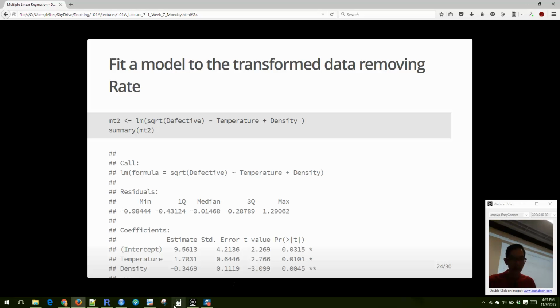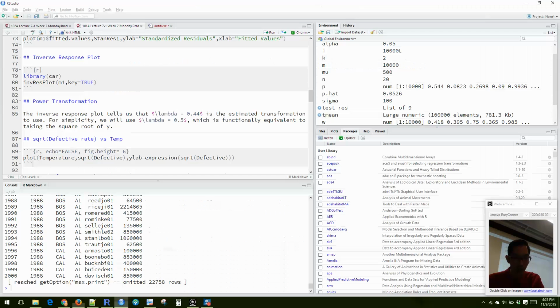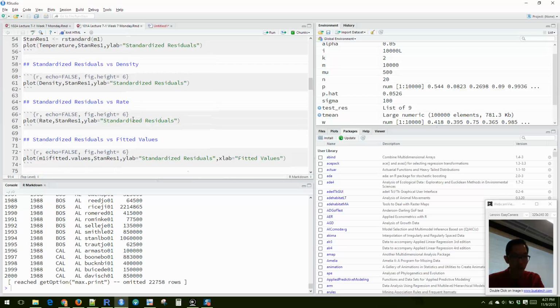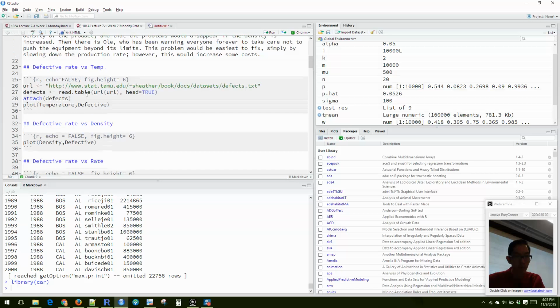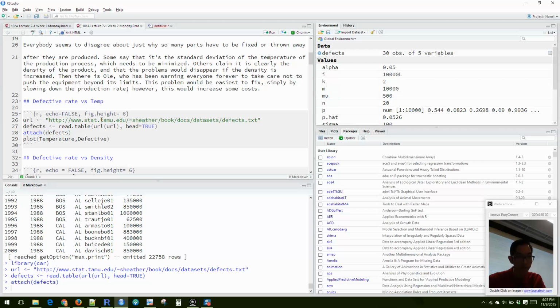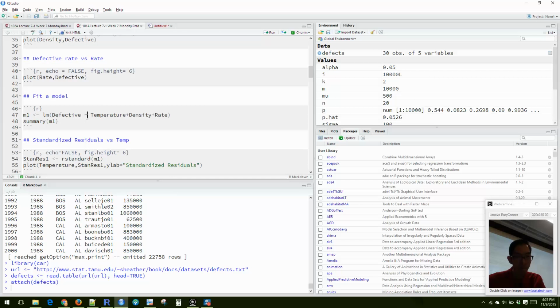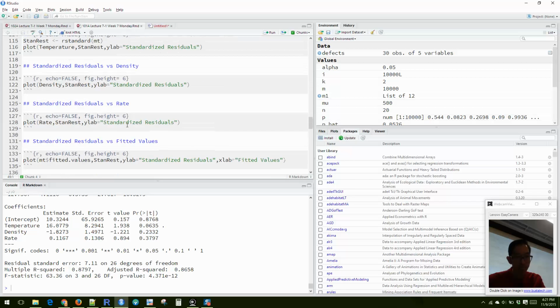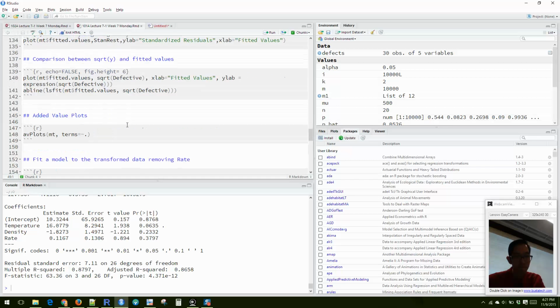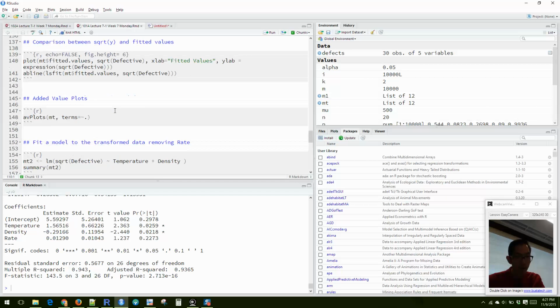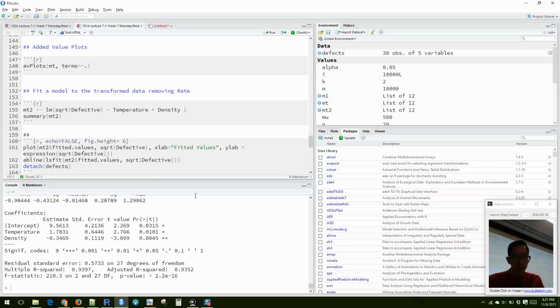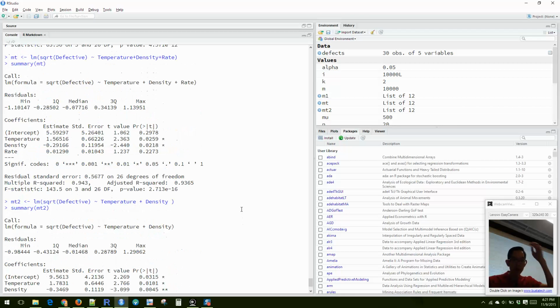We're losing the rest of the details, so let me just get our data entry here. If we compare the details, this is our transformed model including rate.